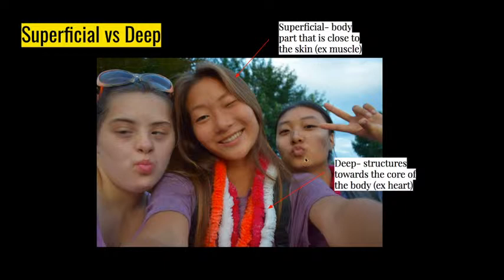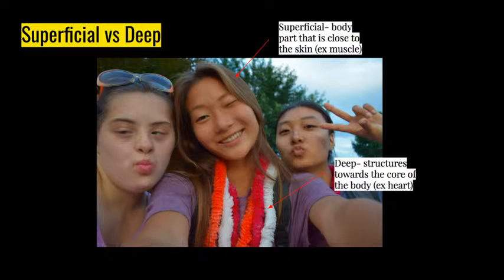Next, we have the body region terms to describe the body as if viewing a map. And they describe the specific locations of body parts or regions on the surface or inside the body. Anatomical terminology pinpoints particular regions of the body that may need attention or injury.